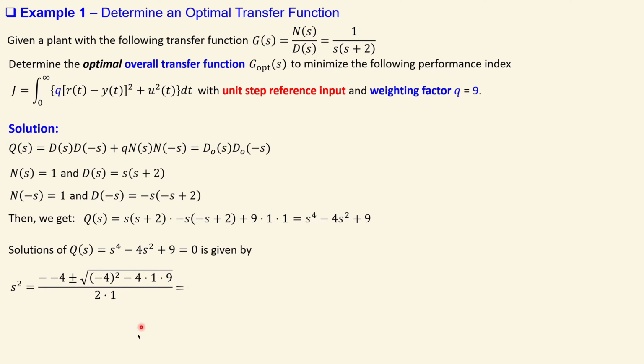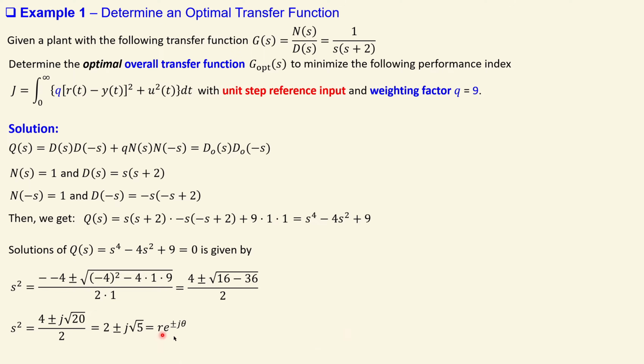If I work this out, you will get this, and if you work it out even more, you will get this, because that's just 20 inside of minus 20, so you will get j squared of 20. If you work it out even more, you will get 2 plus or minus j the square root of 5.